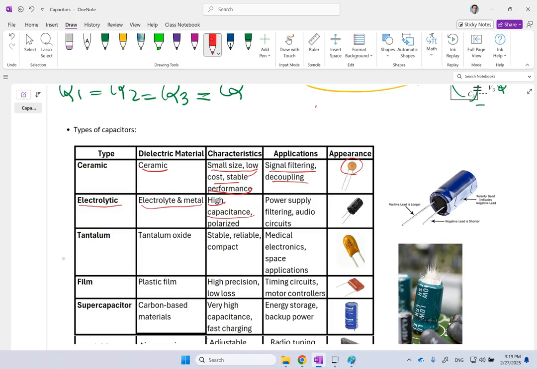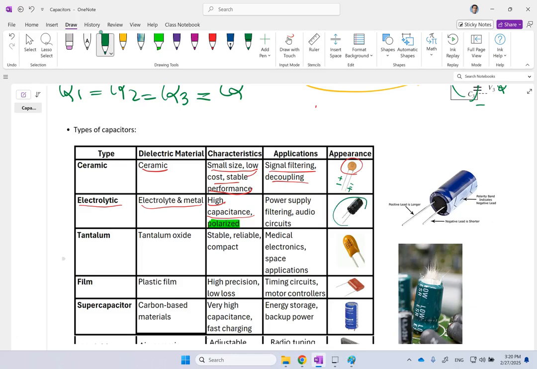One thing very important about them is they are polarized. What does it mean? It means like in this ceramic capacitor, if I connect this side to the positive of the battery and this side to the negative, or next time I do this side to the negative, this side to the positive, there is no difference. It doesn't have any preference in the direction of connection or polarity.